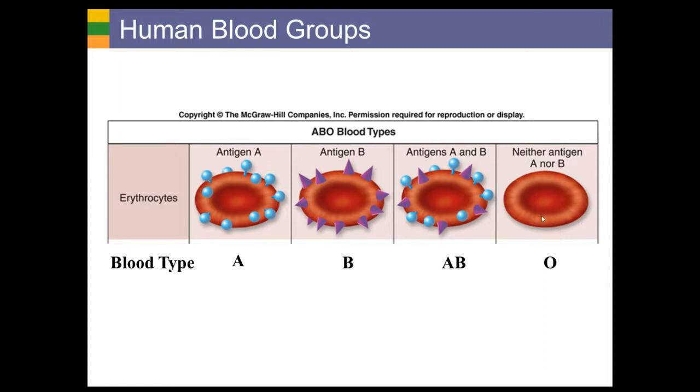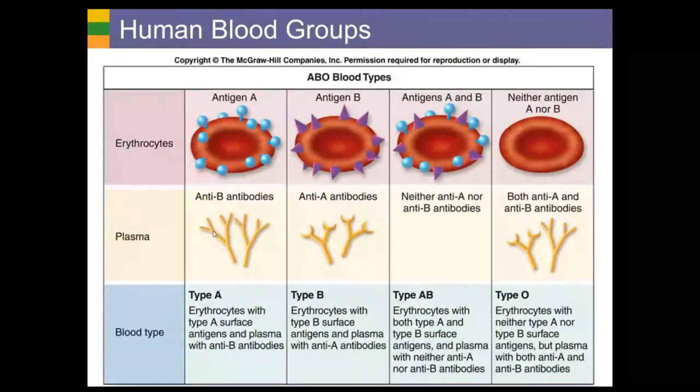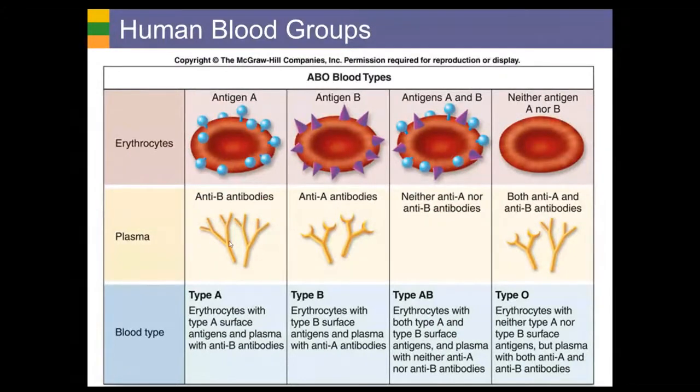Now, your immune system produces antibodies. Those are proteins that will attack antigens that your body doesn't have. If you have the A antigen, your immune system will produce anti-B antibodies. Those are antibodies that will attack the B antigen.